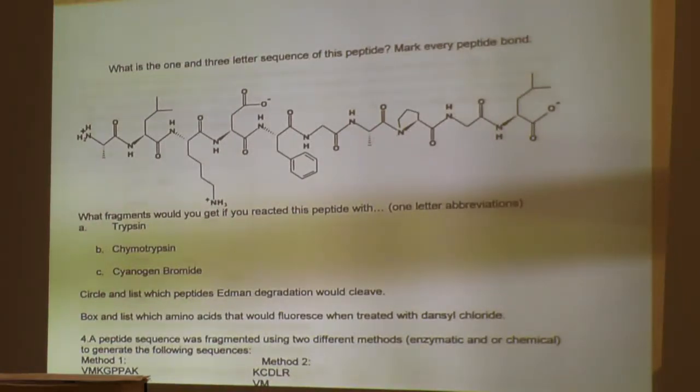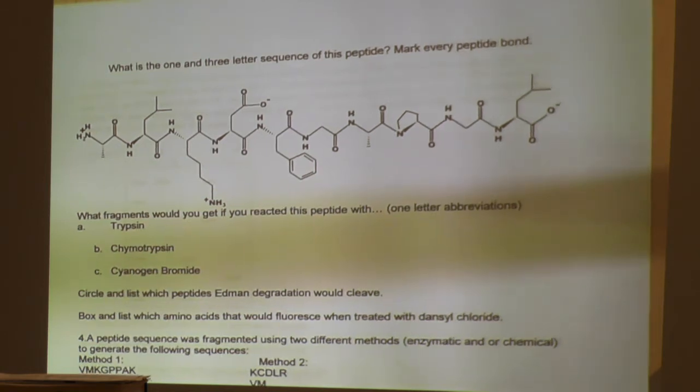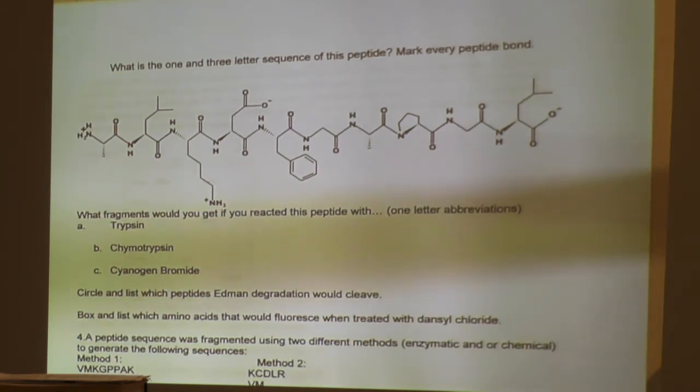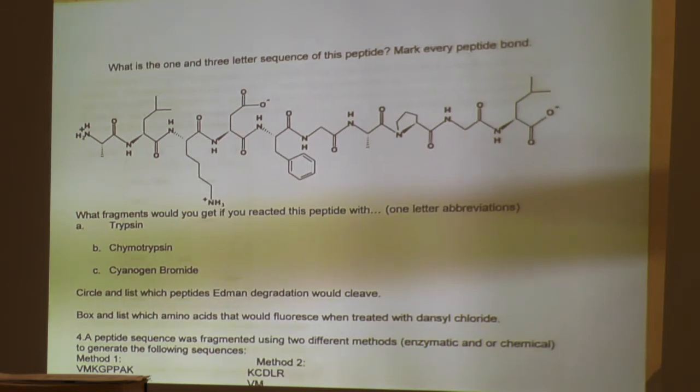Okay. So, back to amino acids. What's the 3-letter sequence of this peptide? If you printed this out the day I posted it, you would have gotten the answer printed out as well. I changed it when I realized that I did that.